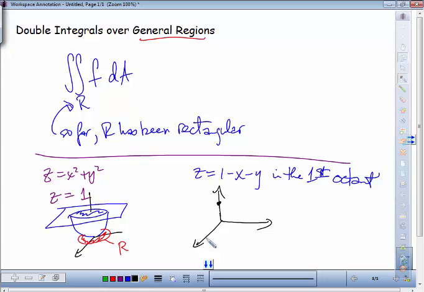What if I want to know where it intersects the x-axis? You set the other two variables equal to 0. And when you do that, you get 1 again. And then similarly, you're going to get this. So what we have is the plane. In the first octant, that plane is going to look like this triangular region.